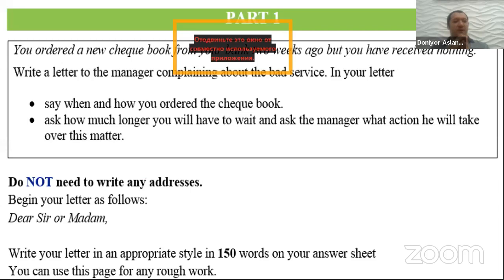And here as well, one common question: can I put my name at the end of my letter? No, because our instruction clearly says that you do not need to write any addresses. So please don't waste your time putting your names.